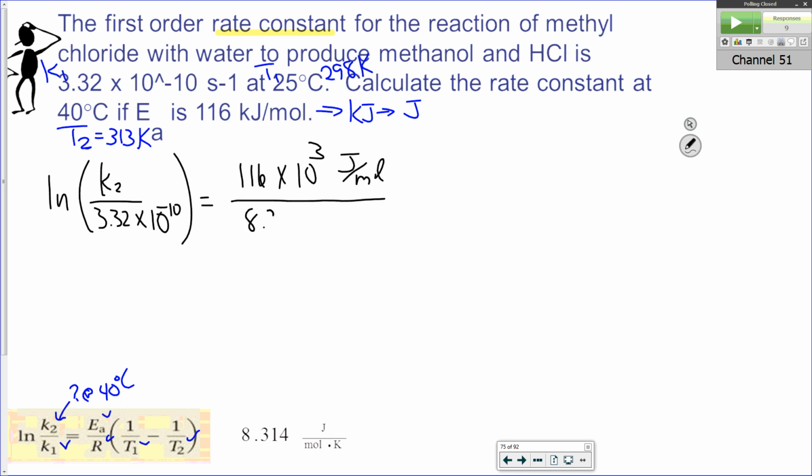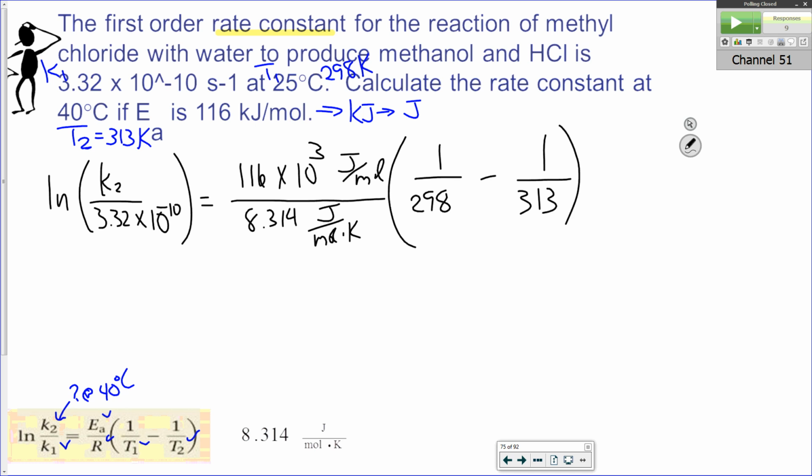R is 8.314 joules per mole degree Kelvin. Then the temperatures: 1 over T1 first, so 1 over 298, minus 1 over T2, which is 1 over 313.